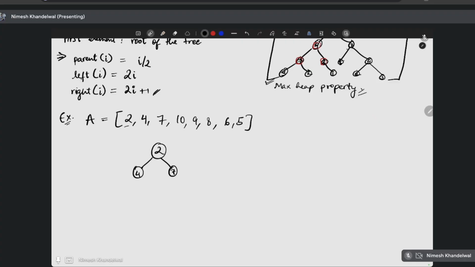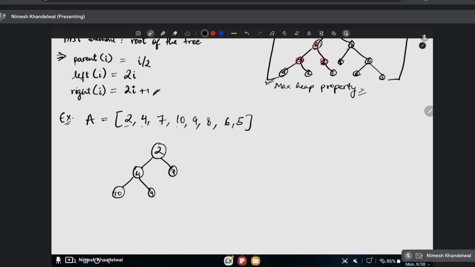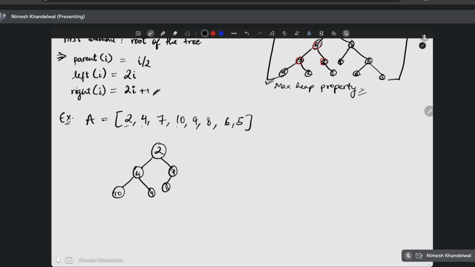Because this will be i equal to 1, so 2 times i is the second, and 2i plus 1 is third. And for fourth, it will be 10 and 9. And then for 7, it will be 8 and 6. And then we come to 10.